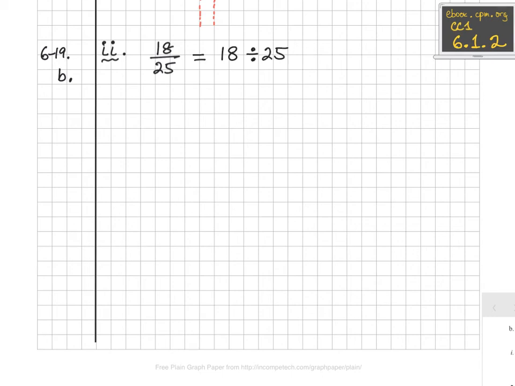If I only have 18 licorices, but I have 25 students, nobody's going to get one whole. So if I'm doing my number line and I want to count by 25s, the next numbers are 50, 75, 100. So really the smallest number, if everybody gets a whole, would be 25.